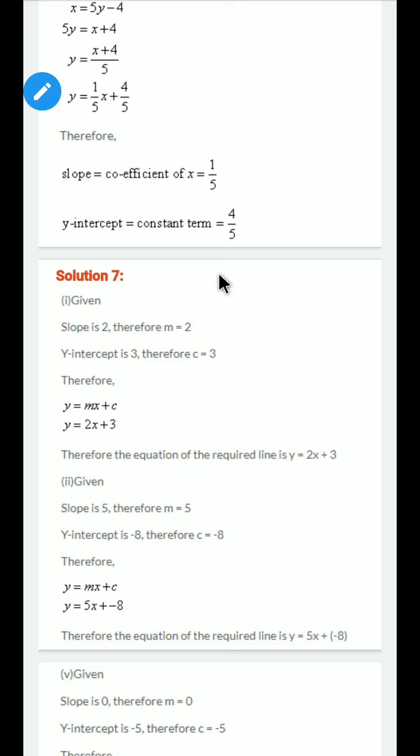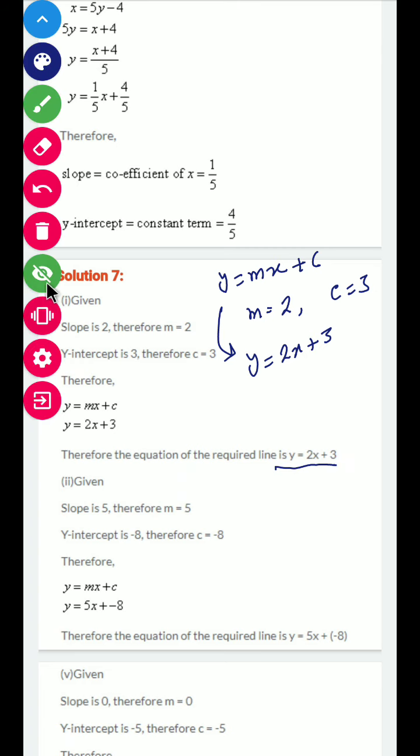We know that the equation of the line is y equals mx plus c, where m is the slope of the line and c is the y-intercept of the line. Here both are given. In the first question m is 2 and c is 3. Just put the values here, you will get y equals 2x plus 3. So this is our equation of the line.